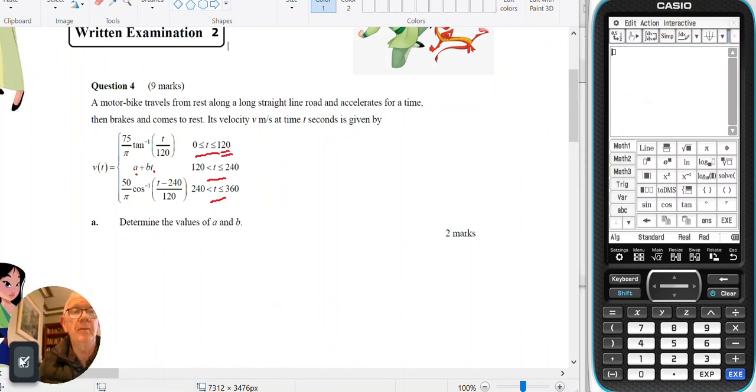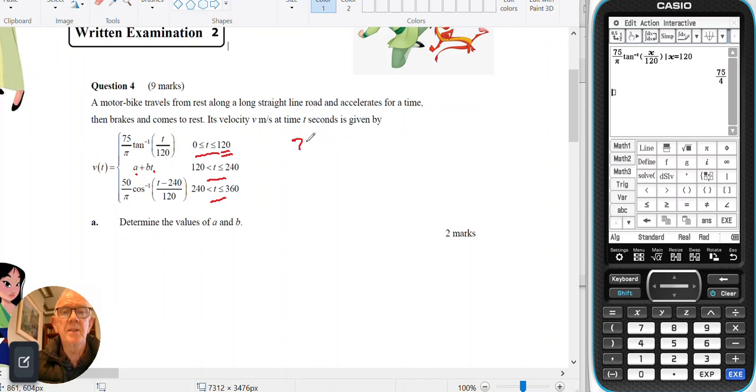So if I have over here 75 on pi, inverse tan of fraction x on top of 120, and math 3 given x equals 120. So coming out of the join, it's going to be at 75 on 4.